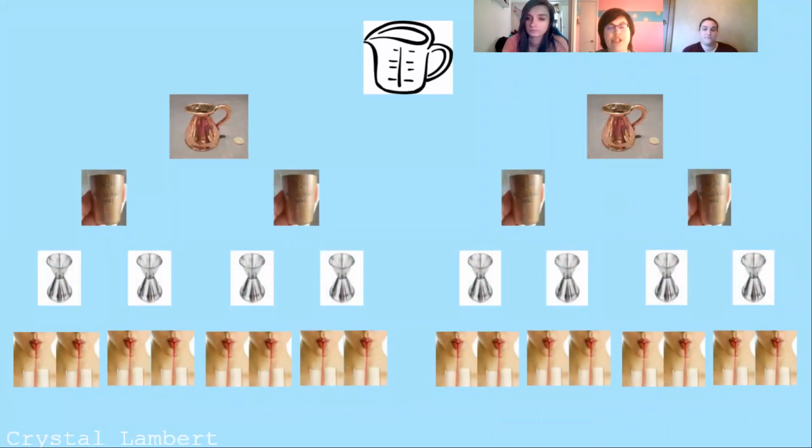Well, there's 2 Jills in our cup, and there are 4 Jacks in 2 Jills, and there are 8 jiggers in 2 Jacks. No, 8. Whoa, I just confused us all up. Let's break it down really easy. So in 1 cup, there are 2 Jills and 4 Jacks and 8 jiggers and 16 mouthfuls. How about that?